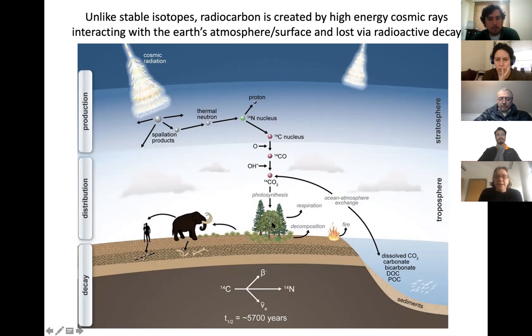Ultimately, because it's a radioactive element, it will spontaneously decay back to nitrogen-14, but it takes a long time for that to happen. The half-life, which I'll explain in a minute, is about 5,700 years. So we have carbon-14 at all because it's constantly being produced and constantly being lost, and it just takes a while to decay. So we have it in measurable amounts on our planet, which is great for us.